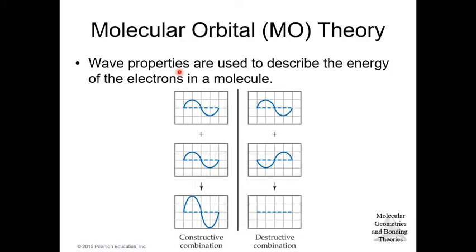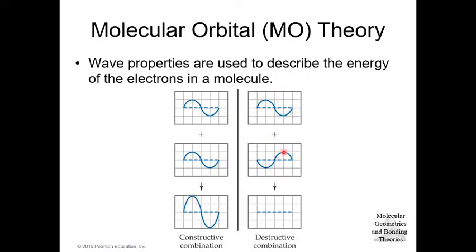Now there's 2 ways that waves can interfere with each other. So we went over this too. If the peak and the trough of the waves are in phase, they will have constructive interference and they add together. And then we get a bigger wave, which translates into higher intensity.